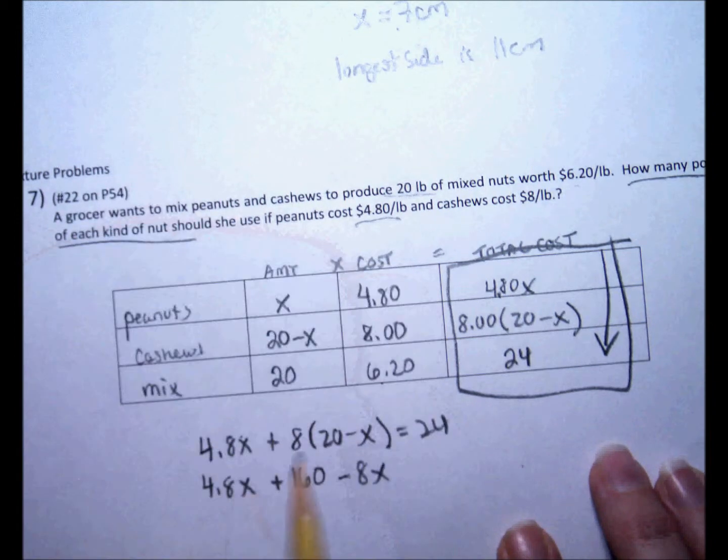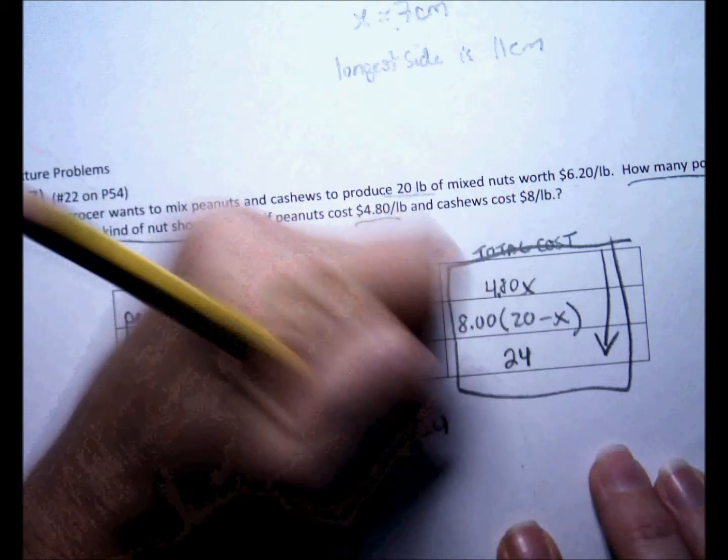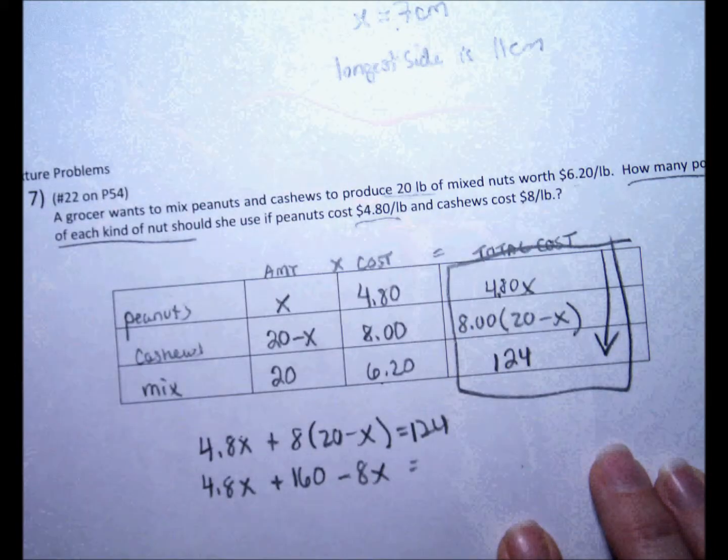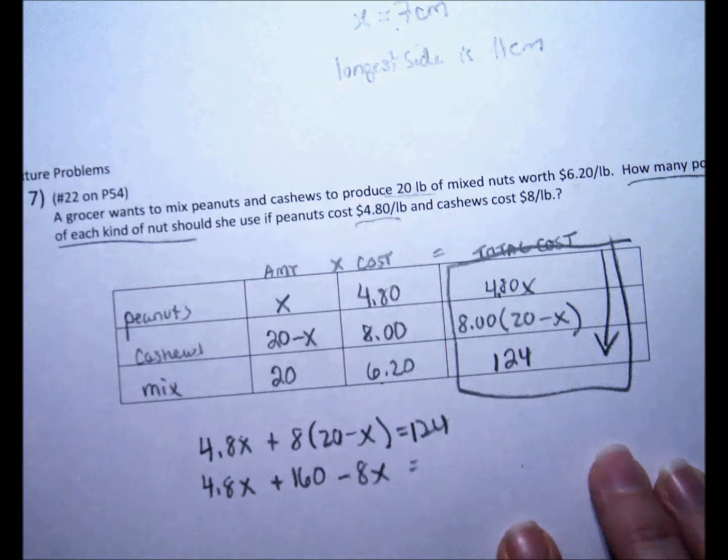And we can put this together, 4.8x plus, let's go ahead and distribute this. Well, I'll put it down here, 8 times 20 minus x equals 124. There's our equation.